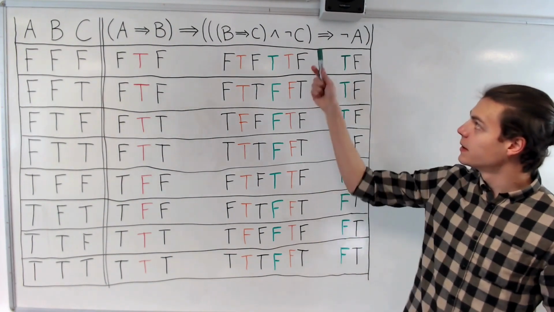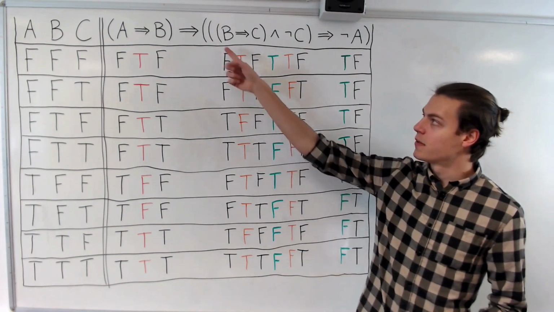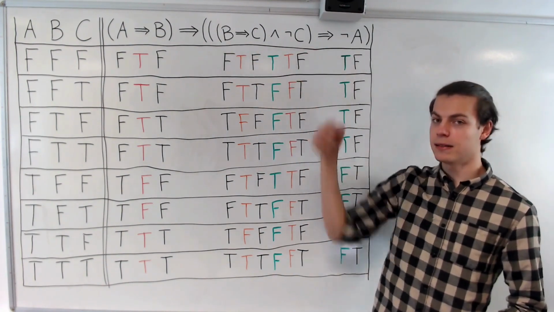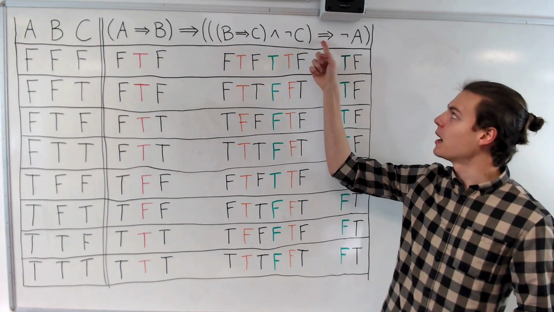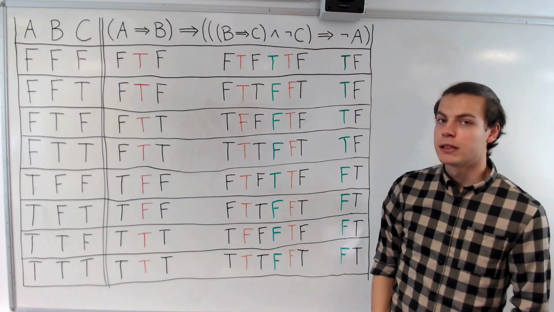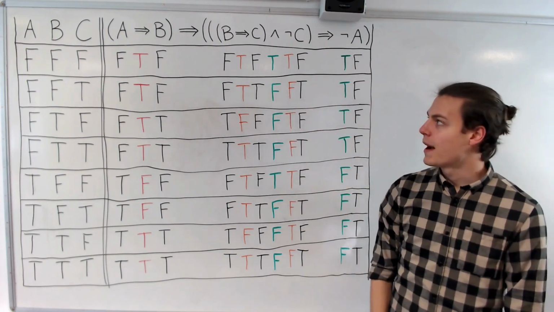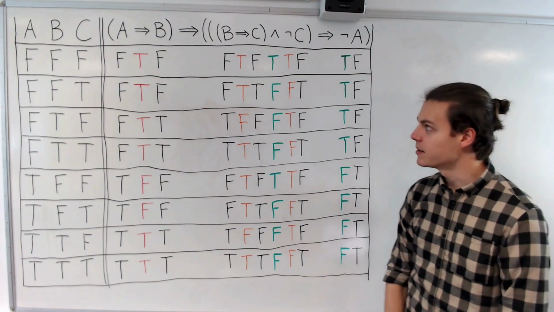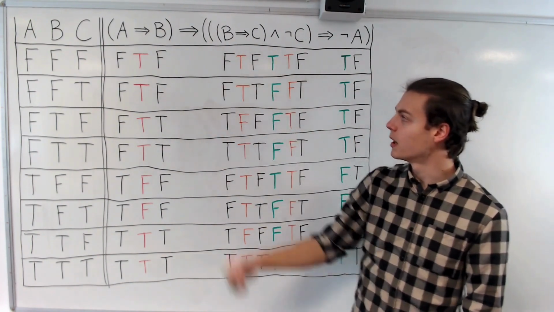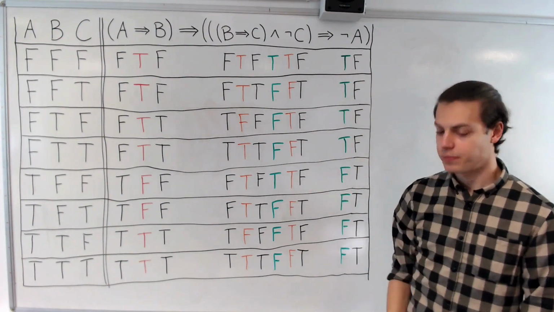Now let's look at this implication. Now we have everything in this bracket implies not A. So what we're looking at here is the two green columns. And following the same rule for implication as we have already used, we can fill in our implication here.